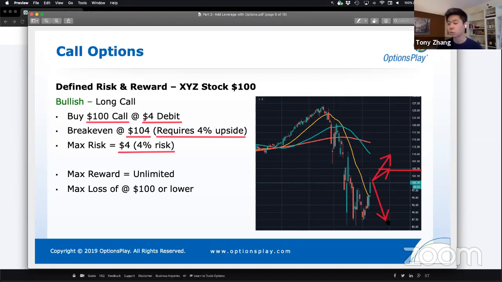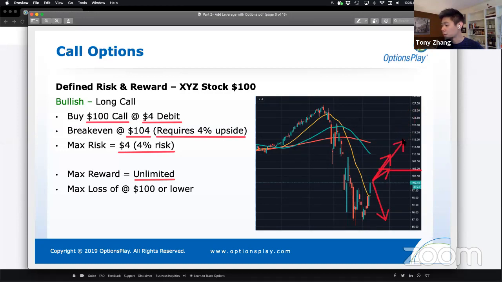You're able to utilize an option to effectively have a stop loss on your trade, but still participate if the stock moves significantly higher. Your max reward in this strategy is unlimited. One of the great things about trading a call option is that if the stock continues to move higher, there's no limit as to how much money you can make.